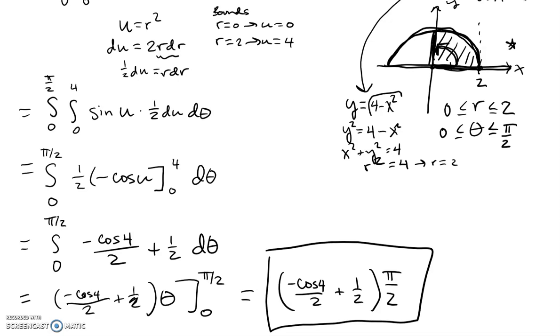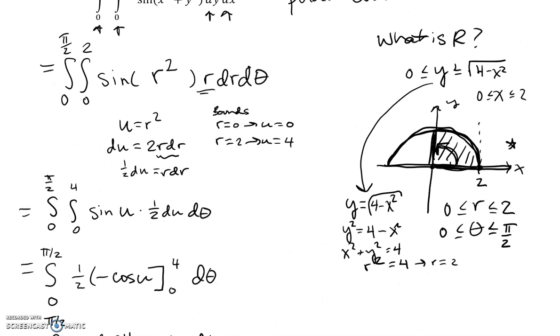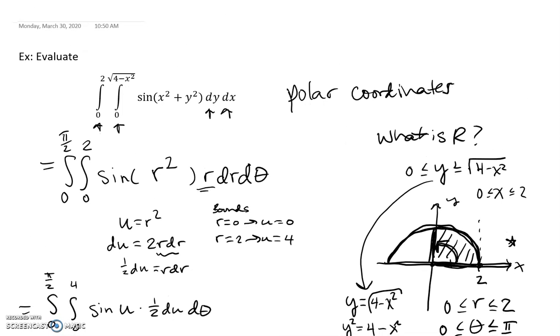So again, in this one, we had to pay attention that we recognized from the pieces of the integral, both from the integrand and from the bound on that inner bound, that we had these very circular looking functions.